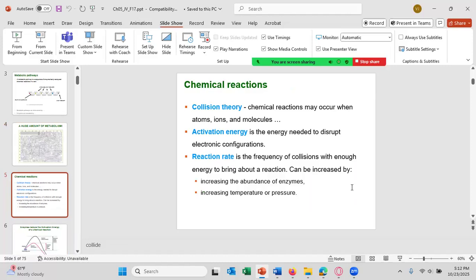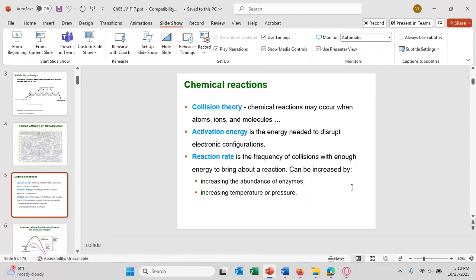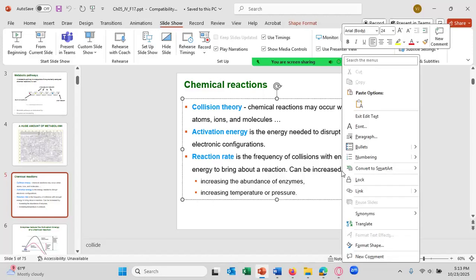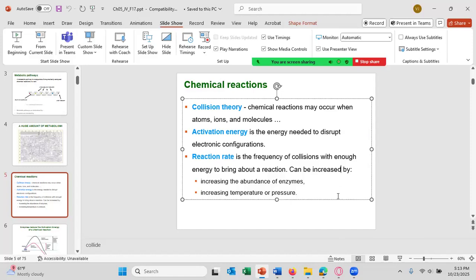Chemical reactions occur according to the collision theory, when different chemicals, such as atoms, ions, or molecules, collide with each other. And if they have enough energy in their collision, they will proceed with the chemical reaction, meaning convert the starting substrates to the products.